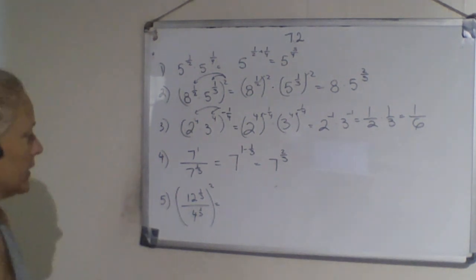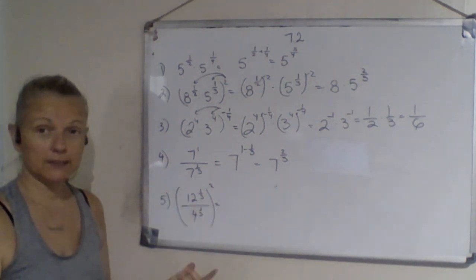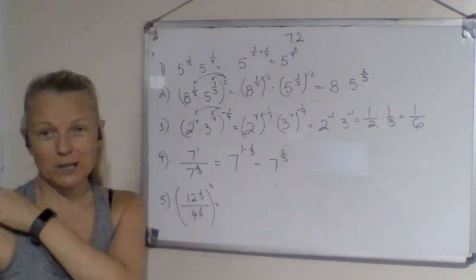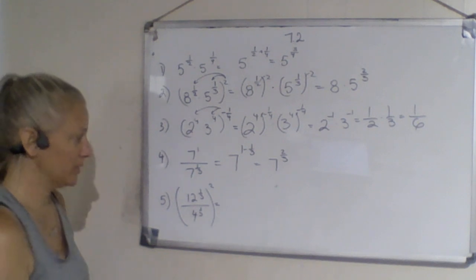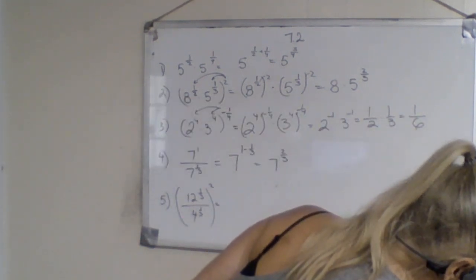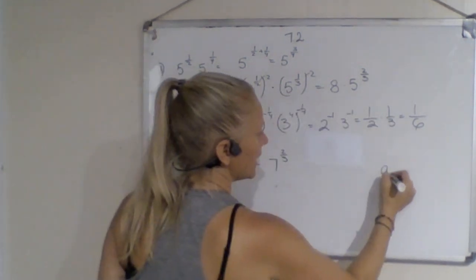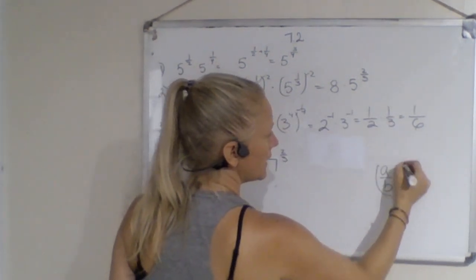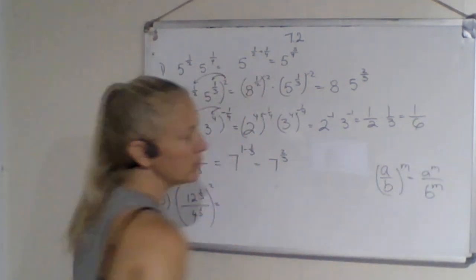The last one is 12 to the 1/3 over 4 to the 1/3 and all of it to the second. There's 2 ways to do this, but in my opinion, it is easier to go the way the book did it. They share the exponent. If you look at your properties, when it deals with this, a over b to the m equals a to the m over b to the m, okay?